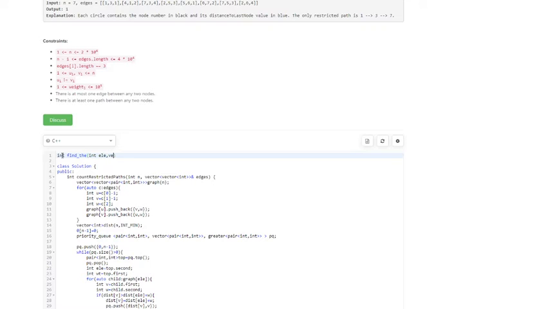We need to also pass the dist, I think. Otherwise, how will we solve the question?